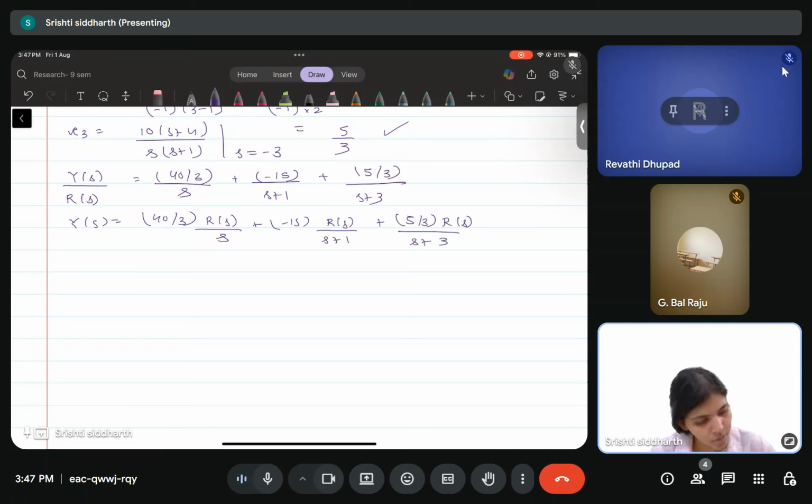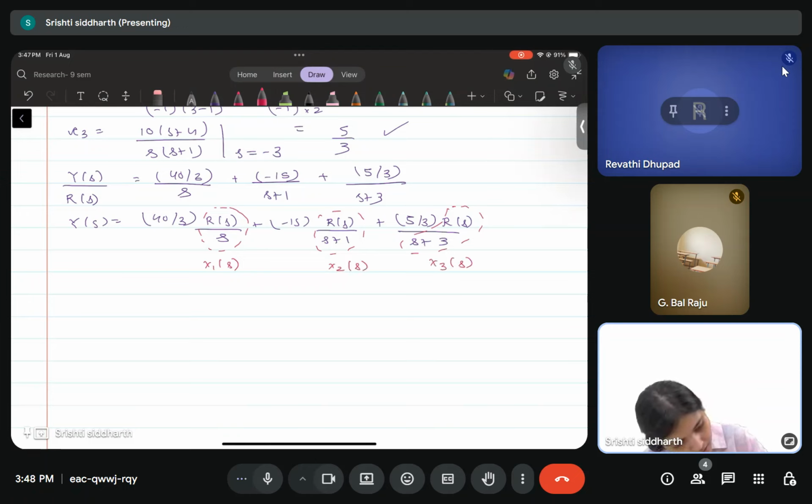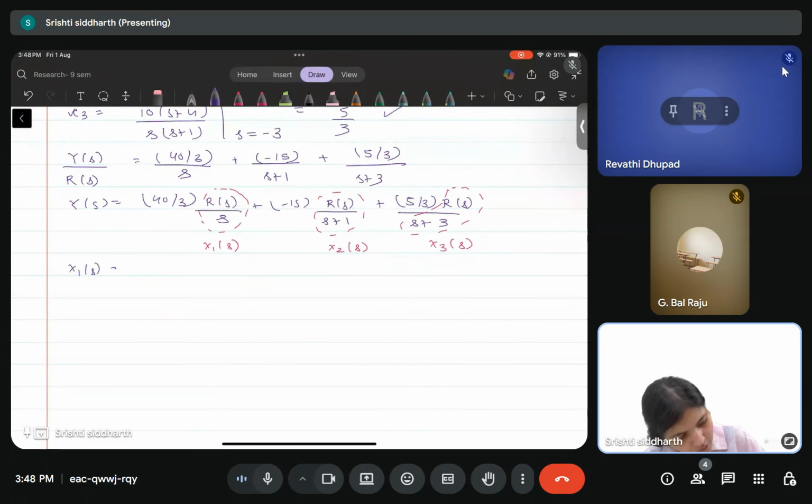Okay. So in the diagonal form, we consider these as states of the system. So we have X1(s), X2(s), and X3(s) in the s domain. X1(s) is simply R(s) over s.